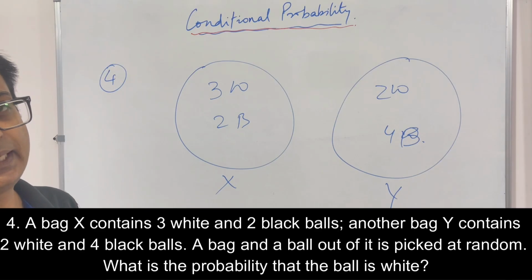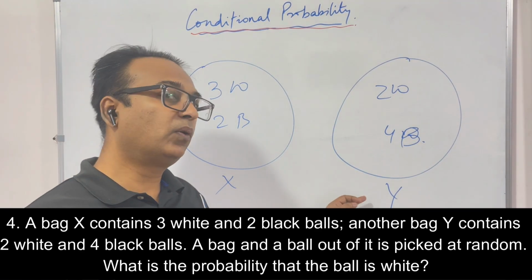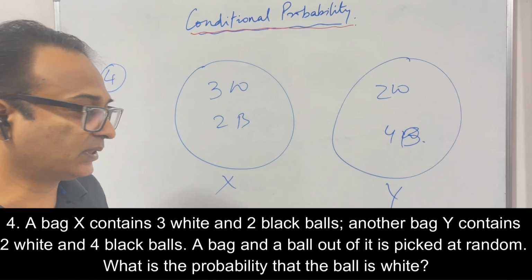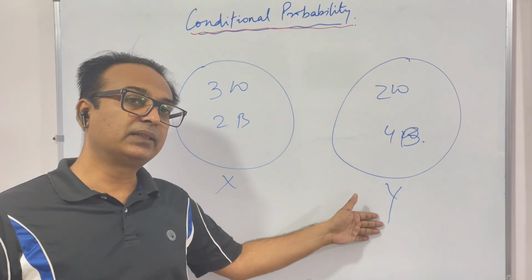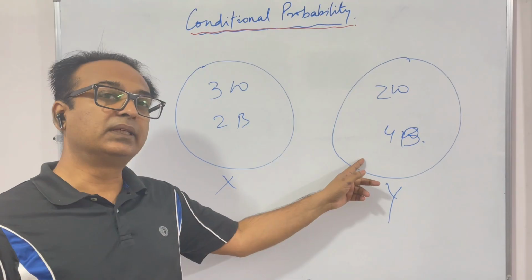ball? That is, it's immaterial whether we get this or this. Listen to the language I am saying. It is immaterial that we get X or Y. So this is this or this.